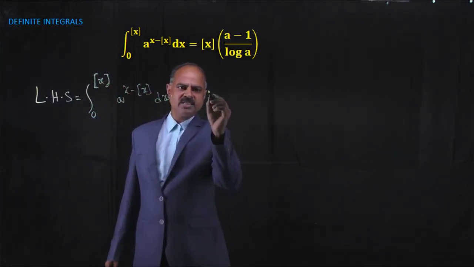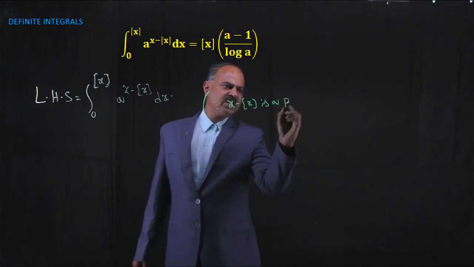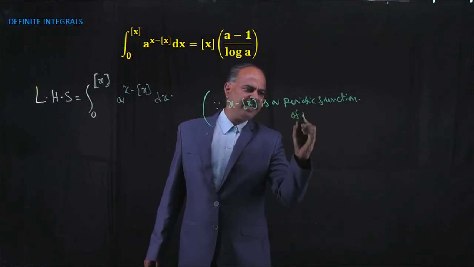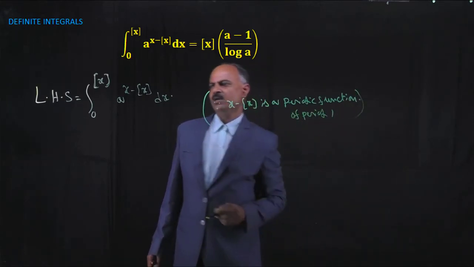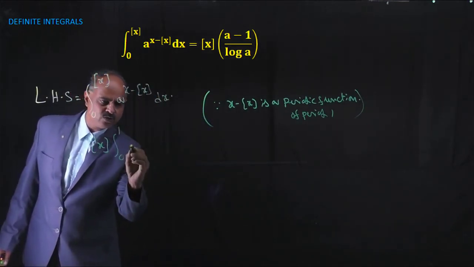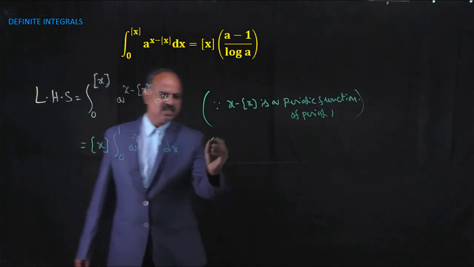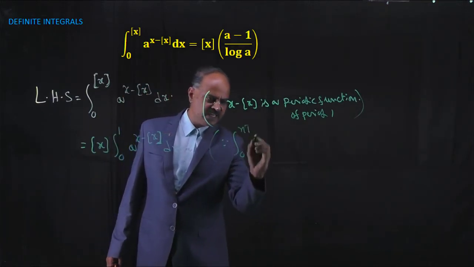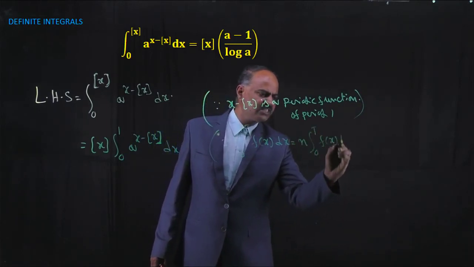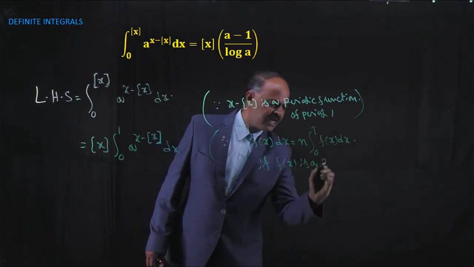Since x minus floor x is a periodic function of period 1, this is equal to floor x into integral 0 to 1 of a power x minus floor x dx, since integral 0 to nT of f of x dx equals n into integral 0 to T of f of x dx, if f of x is a periodic function.